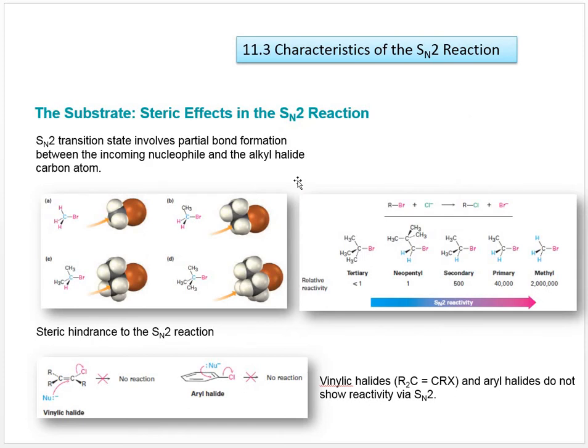But how about this effect for SN2 reaction? The first effect, let's see, steric effects in an SN2 reaction. Let's compare 5 reactions. We have an alkyl halide and we have a nucleophile. What's happening? The nucleophile is replacing the leaving group, and we have an SN2 reaction.